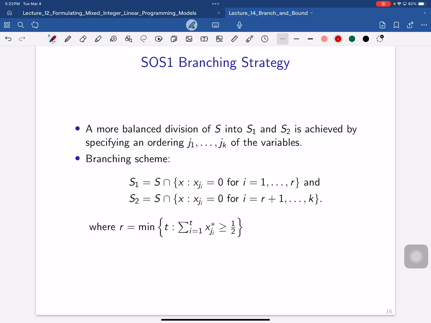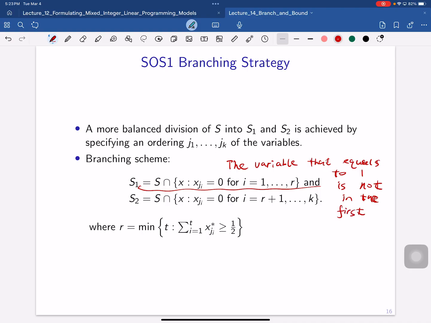So what this set means, in words, is the variable that equals 1 is not in the first R variables, because this set is setting the first R variables to 0.